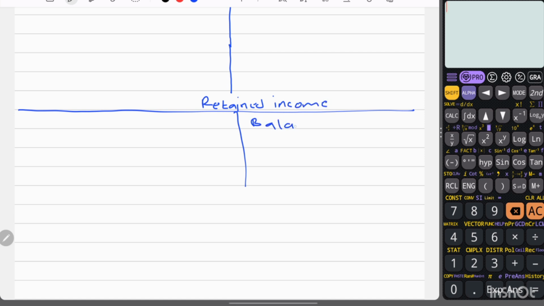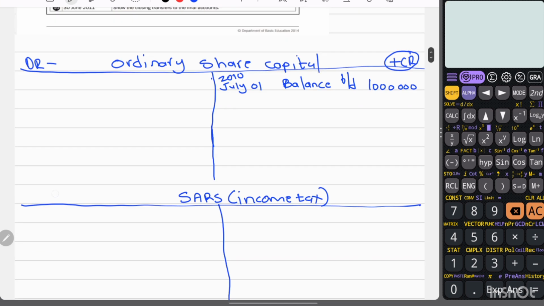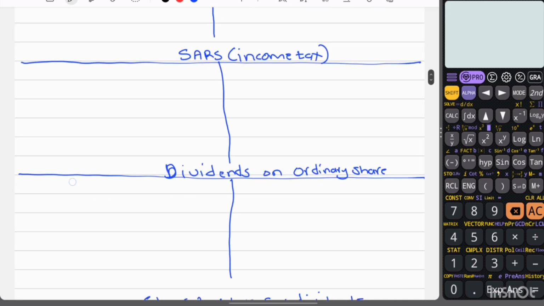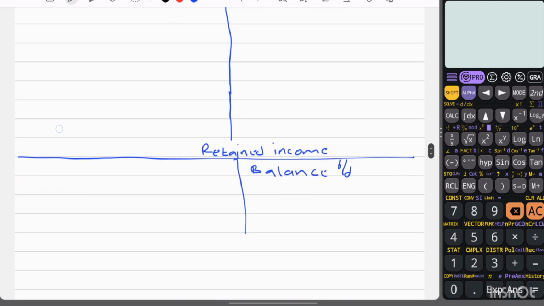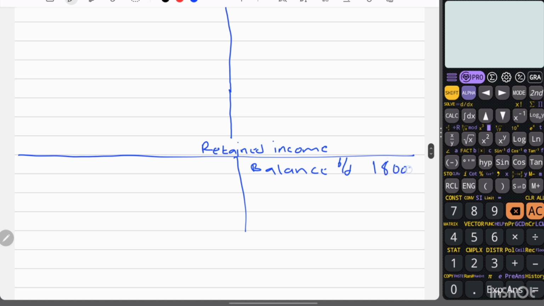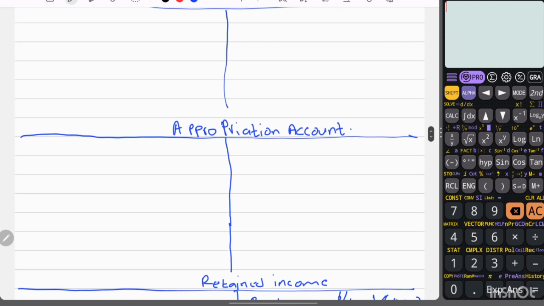I'm going to put balance here. Balance brought down. How much is the balance for the retained income at the beginning of the year? We are given 180,000.